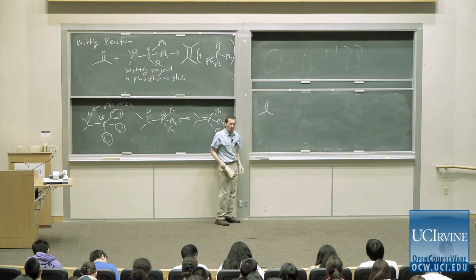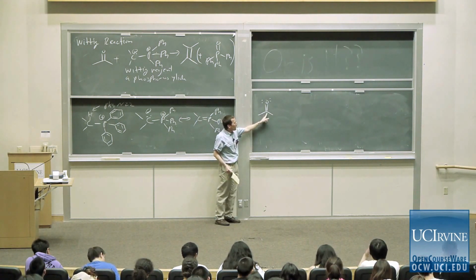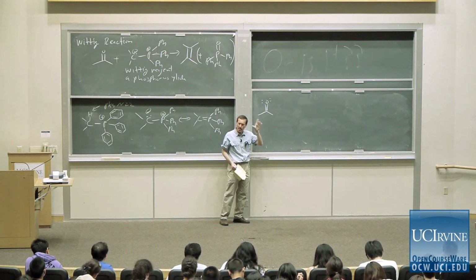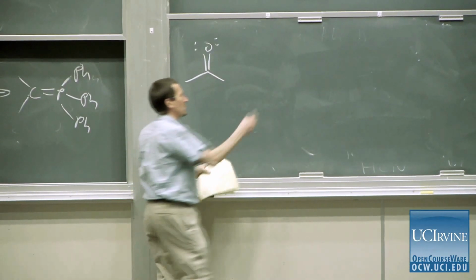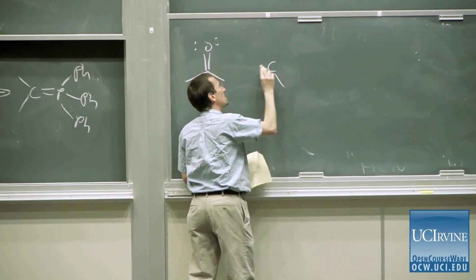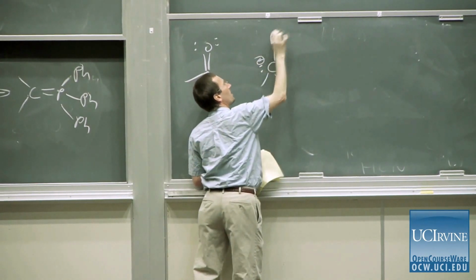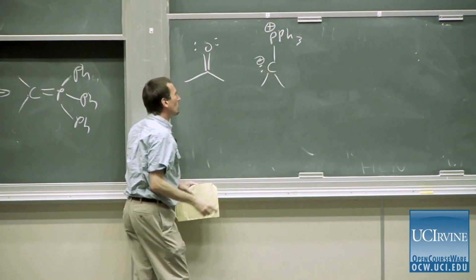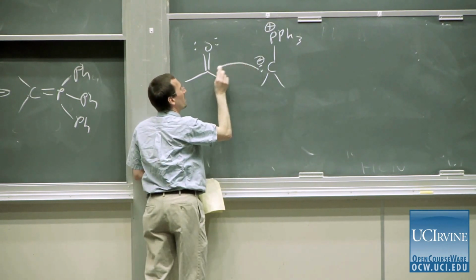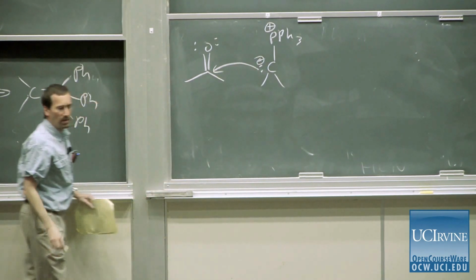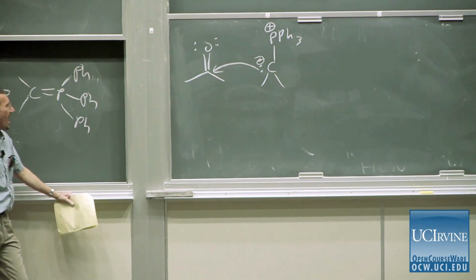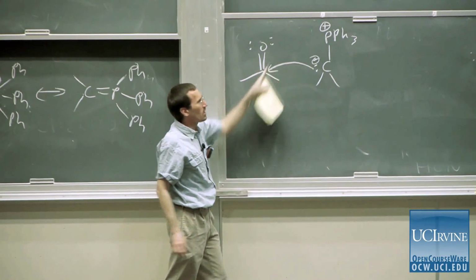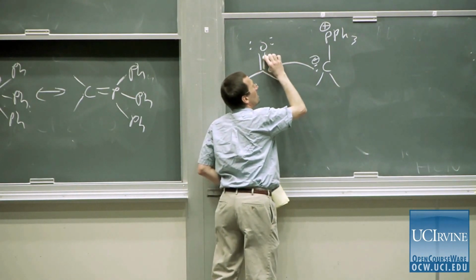So you can envision that in the first step, your phosphorus ylide has a nucleophilic carbon and an electrophilic phosphorus. And so two things can happen at the same time. Electrons can flow from the nucleophilic carbon to the electrophilic carbonyl carbon atom. And at the same time, they can flow up onto the oxygen, which forms a bond with the phosphorus.